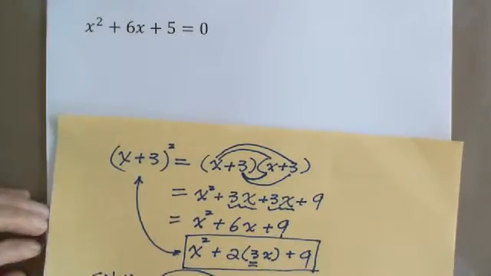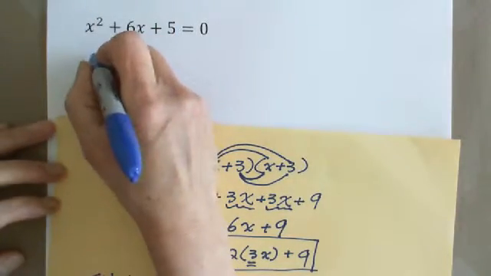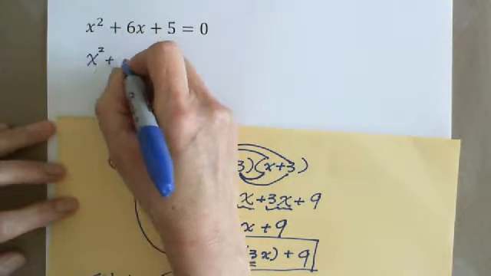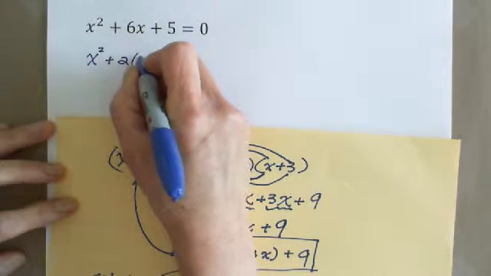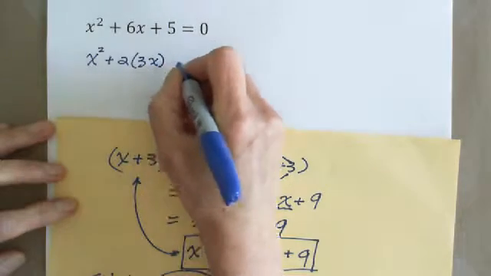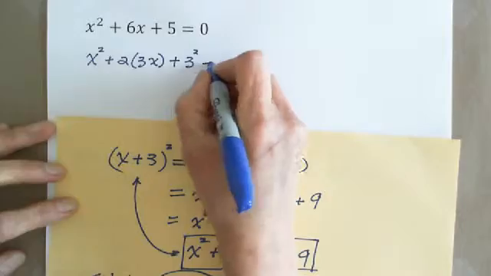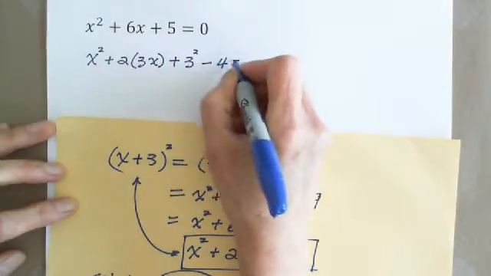So let's do this. First of all, we have x squared plus 2 times 3x plus 3 squared minus 4 equals 0.